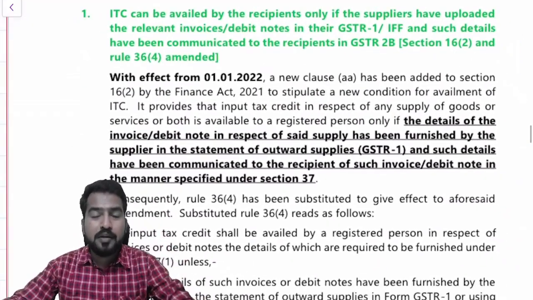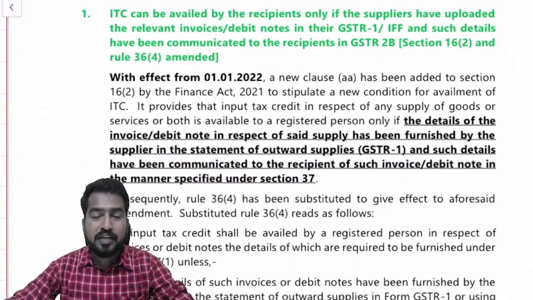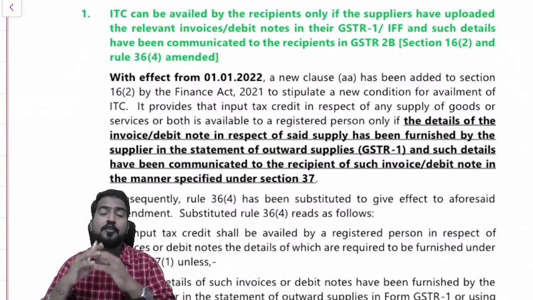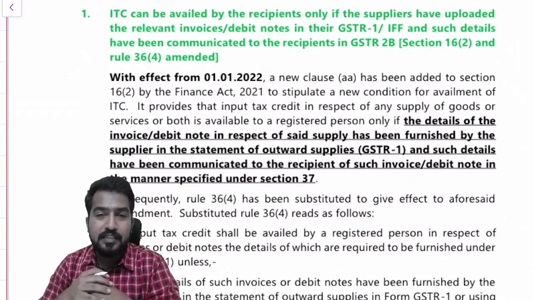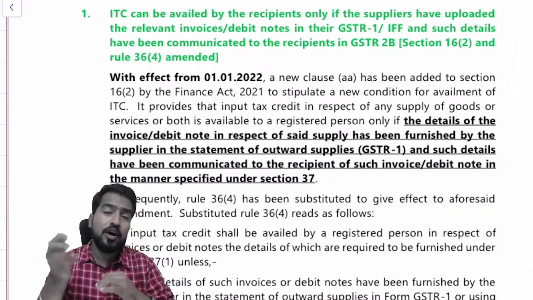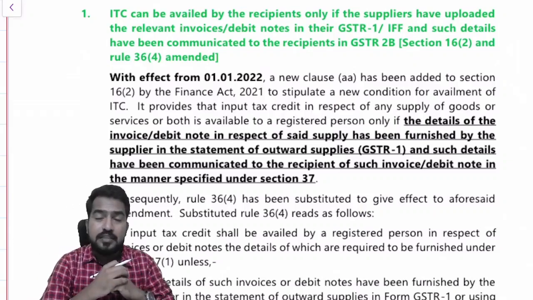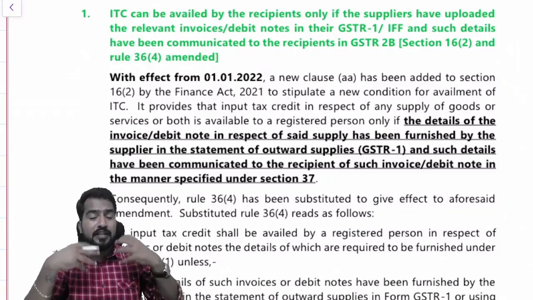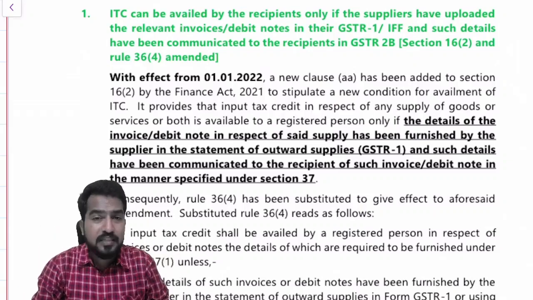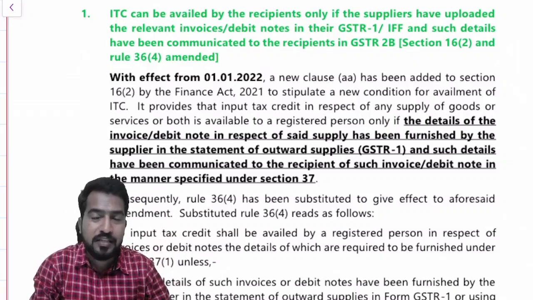if you remember how the recipient will avail ITC. In that there are various conditions, and one such condition is that for the recipient to avail ITC, the supplier should have filed his GSTR1 or IFF, invoice furnishing facility, and that GST amount should have reflected in the recipient's GSTR 2A or 2B, as the case may be, and then only the recipient can avail ITC.